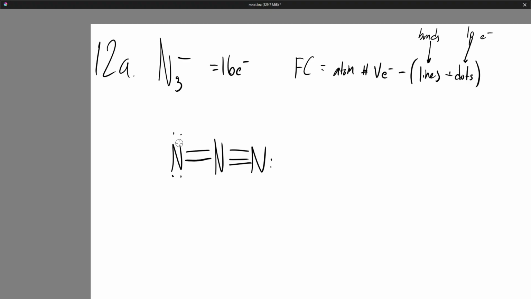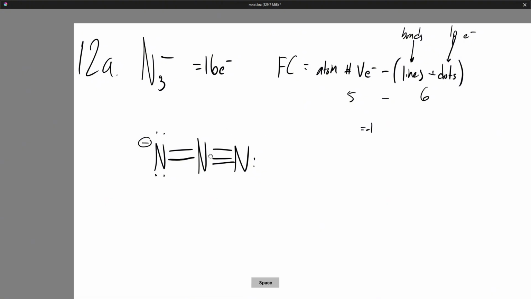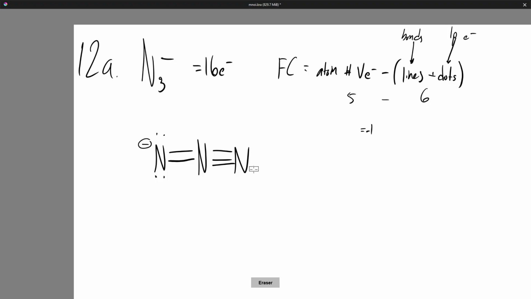And for this nitrogen on the left, it's 1, 2, 3, 4, 5, 6. 6. 5 minus 6 is -1, which means the negative charge for the molecule is coming from this, which is good, because we want the least number of atoms in the molecule to have a formal charge. So this is, in my opinion, the best way to write it.